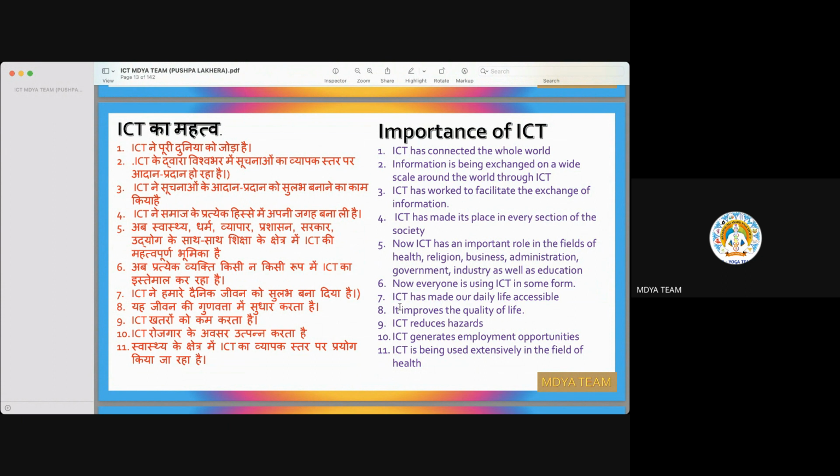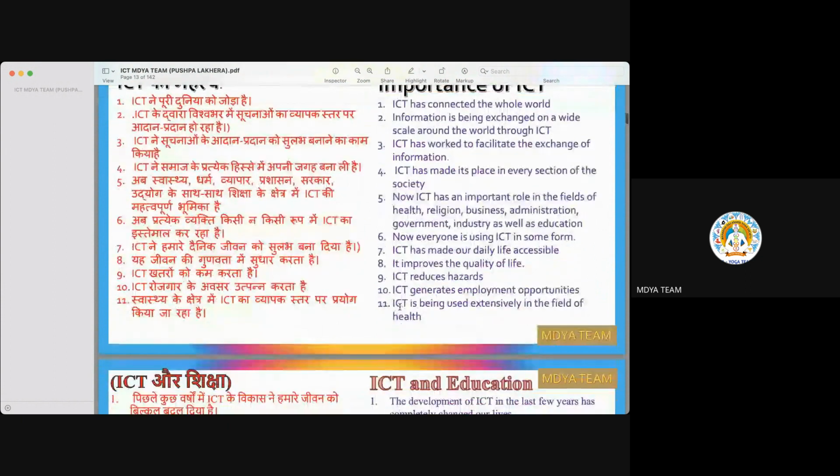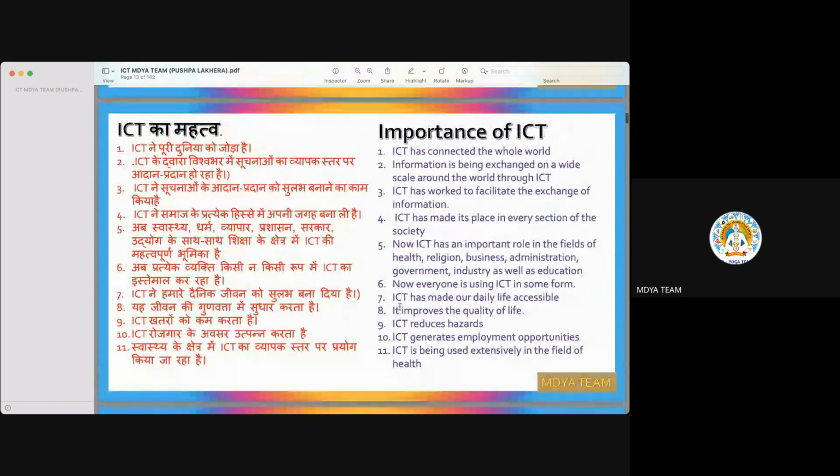See how beautifully ICT is working and making the system efficient, and it has made our daily life accessible. It improves the quality of life, yes, but it depends. It reduces hazards, and it generates employment opportunities.